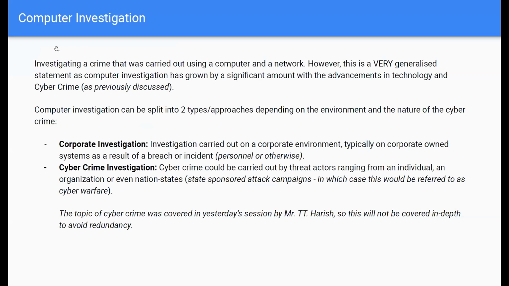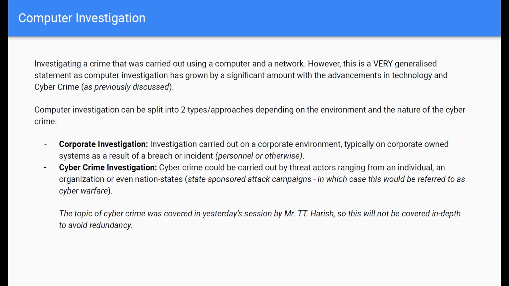To start off, what is a computer investigation? Investigating a crime that was carried out using a computer and a network. So that is the official definition, by the way. Wikipedia said so. But as you've seen just now, over the past hour and a half, that single line is a very, very generalized statement of computer investigation.